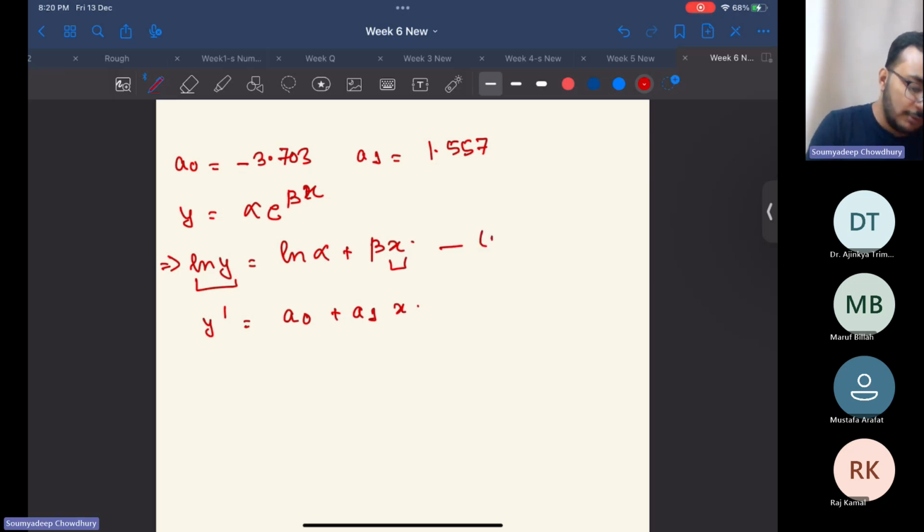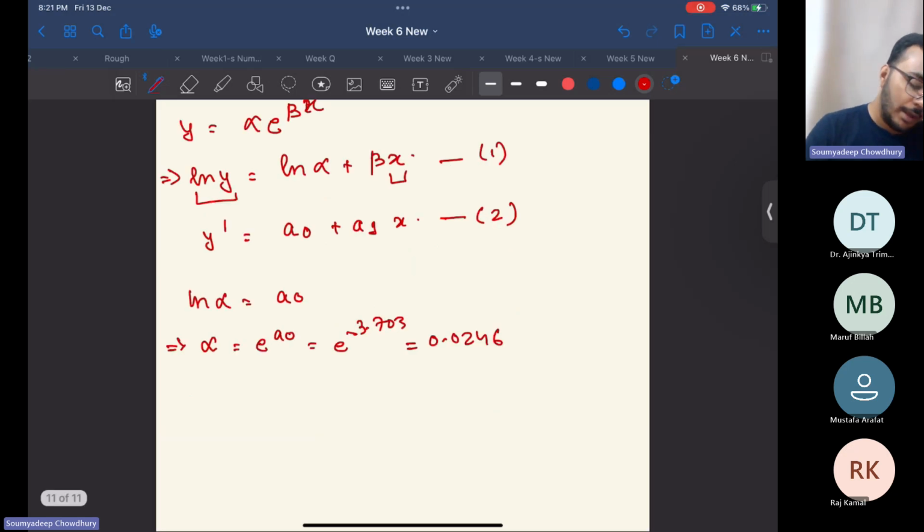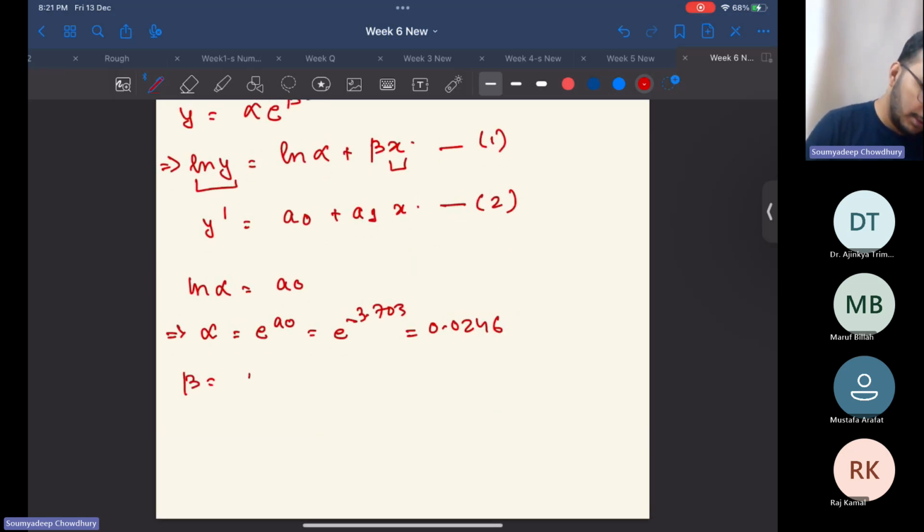If you compare equations 1 and 2, you find ln alpha is equal to a naught. So alpha is e power a naught, so it is e power minus 3.703, which is 0.0246, and beta equals a1, which tells me beta is equal to 1.157.